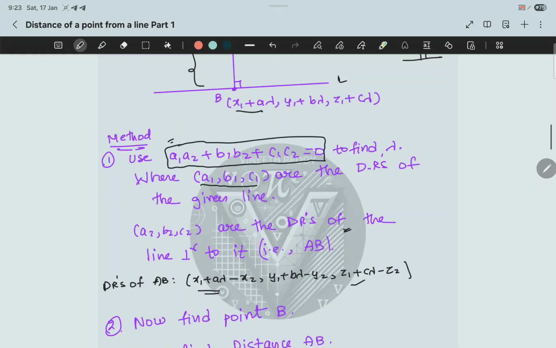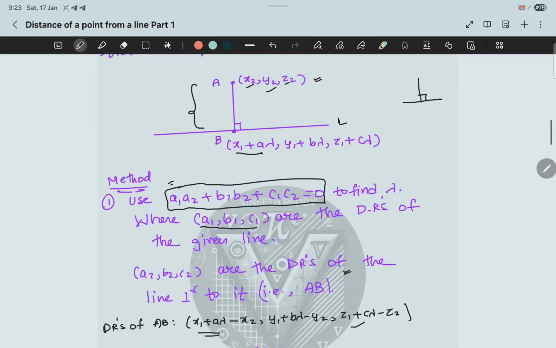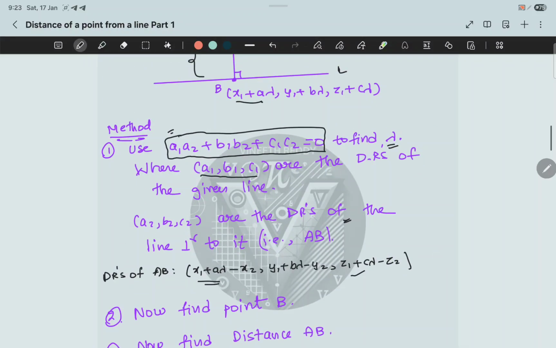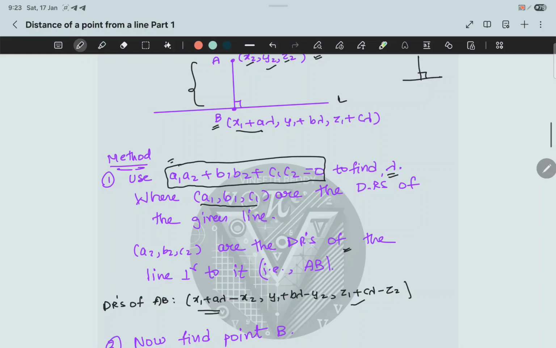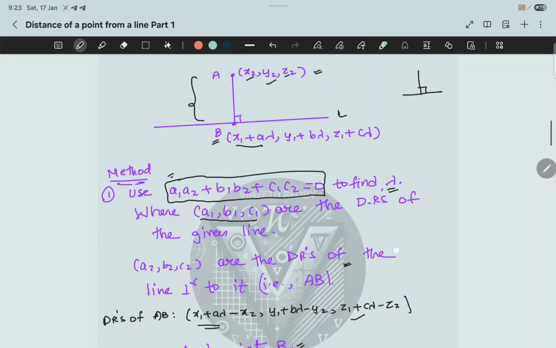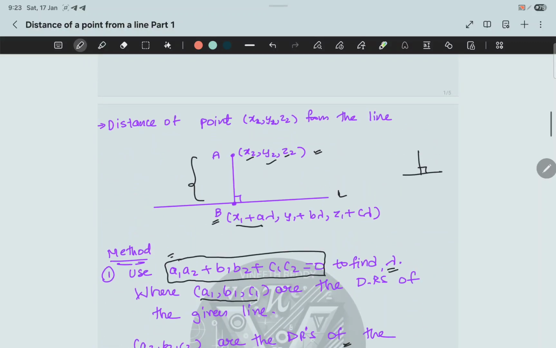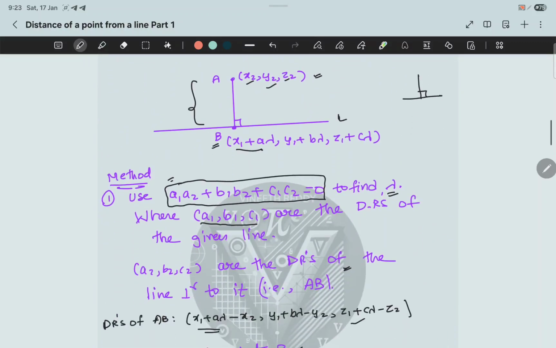Once we use this condition, we have one unknown, that is lambda, and we have one equation available. So solving that, we will get the value of lambda. Once we get the value of lambda, we can easily find point B. Now point B is nothing but the foot of the perpendicular of point A. And then we can easily find the distance of A from this line by using the distance formula.